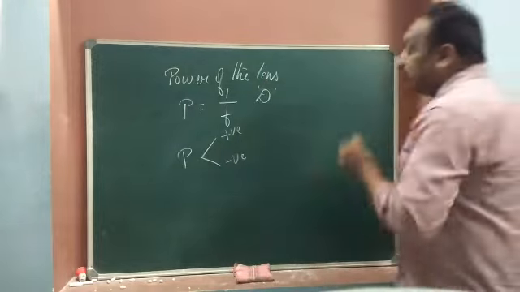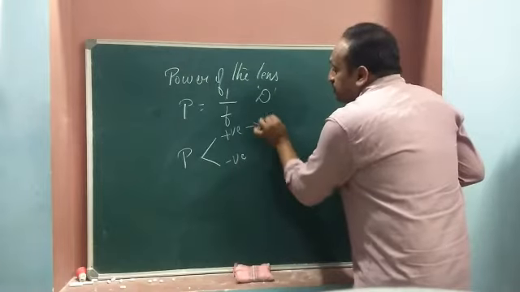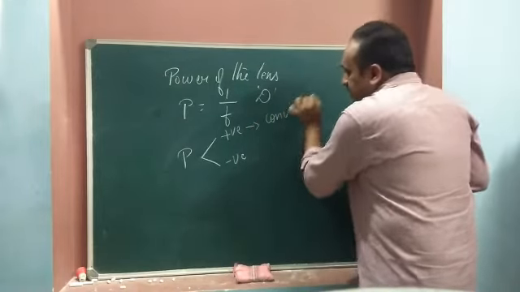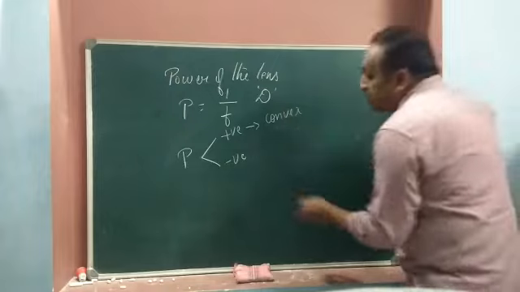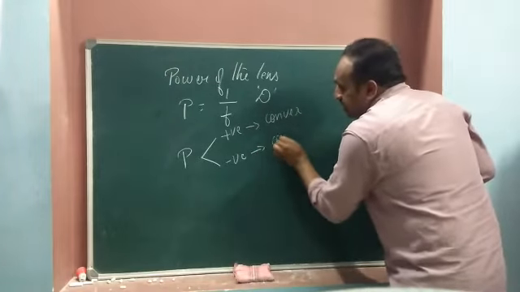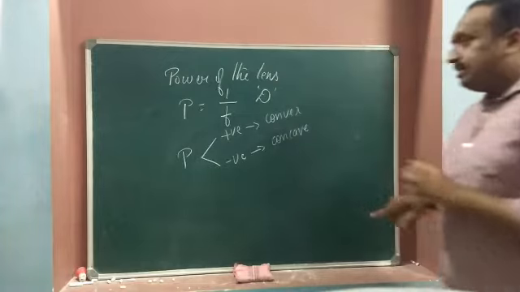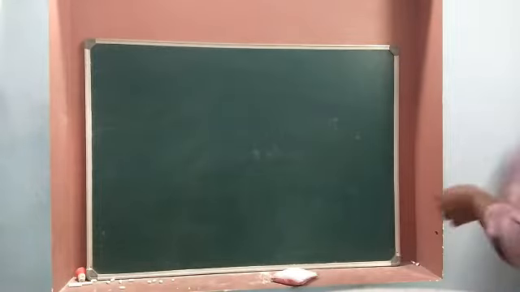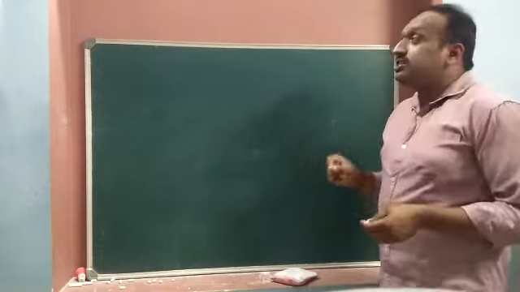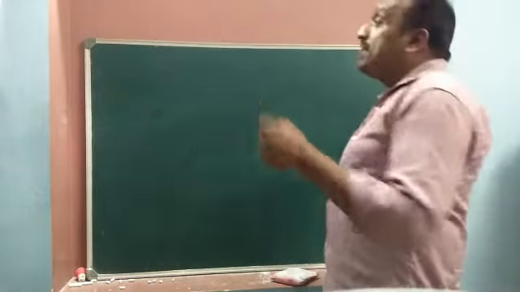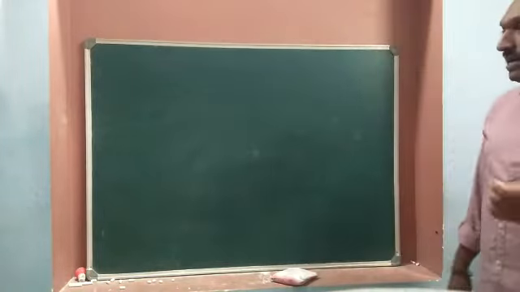If it is positive, the lens used is convex. If it is negative, the lens used is concave. Clear?